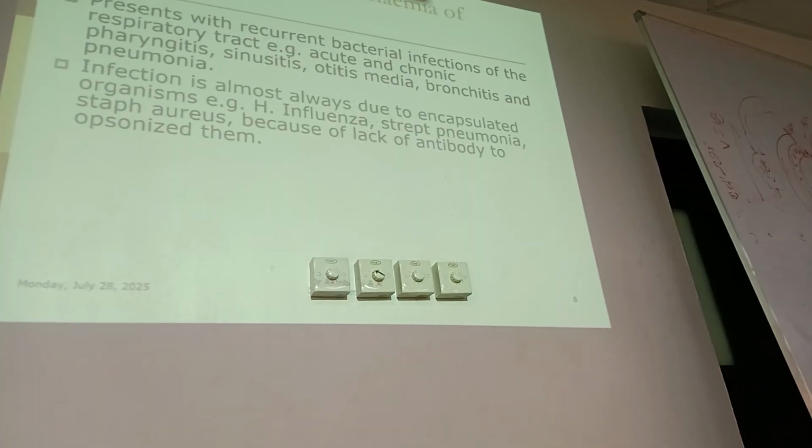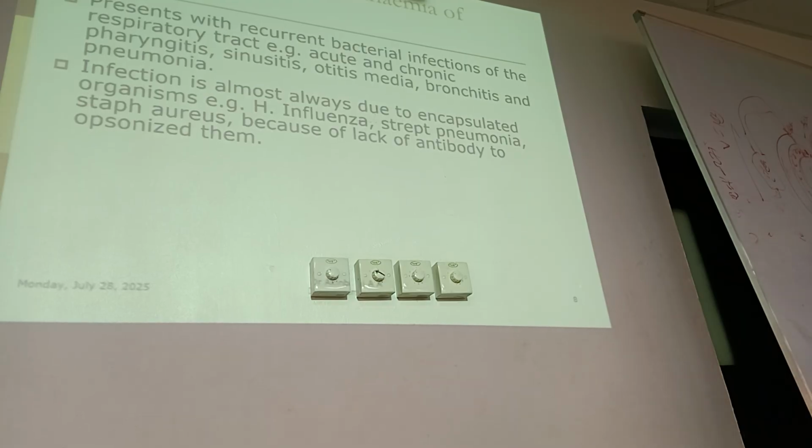So usually they are bombarded with various infections, so respiratory tract infections like acute and chronic pharyngitis, sinusitis, otitis media, bronchitis, and pneumonia. The infection is almost always due to encapsulated organisms such as H. influenzae, Strep pneumoniae, Staph aureus, because of lack of antibodies to opsonize them.